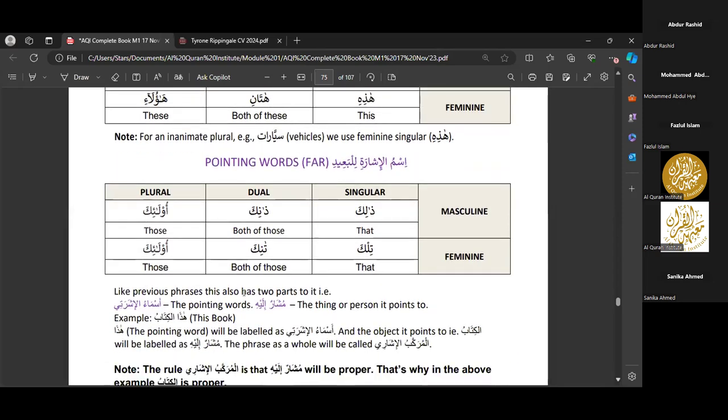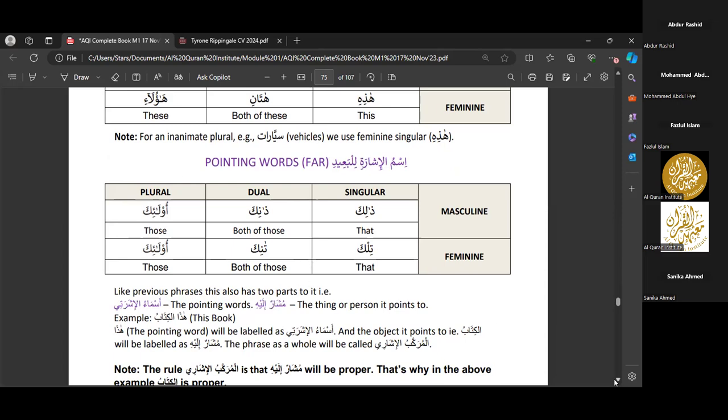Like the previous phrases, there are two parts: the pointing word, ismul isharati, and musharun ilayhi, the thing or person it points to.